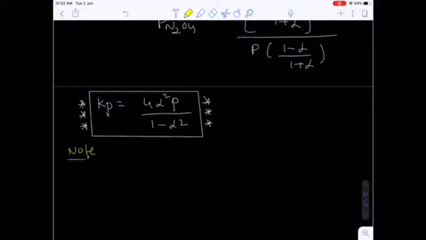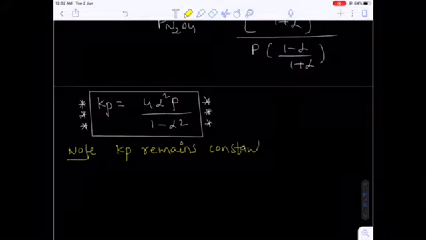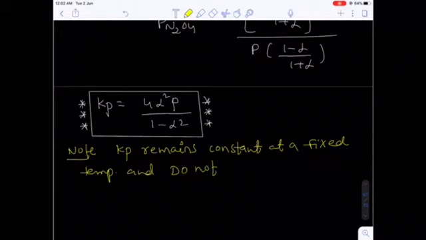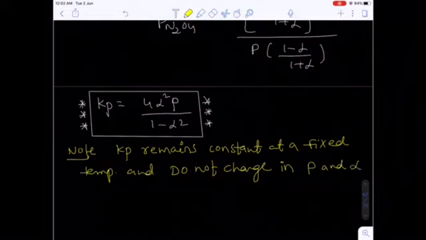Now the very important note point I am writing here. What is the key point? Kp remains constant at a fixed temperature and does not change with P and alpha.